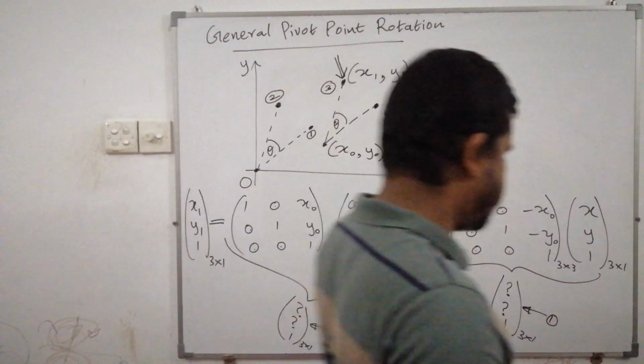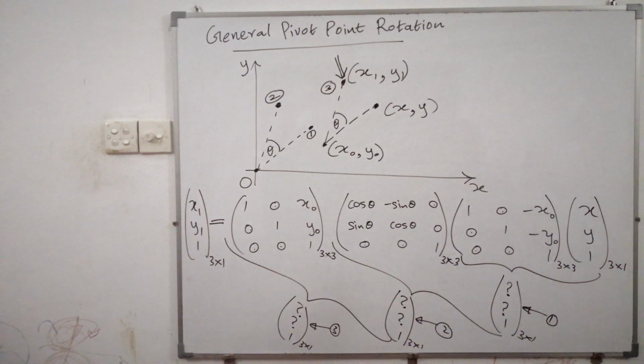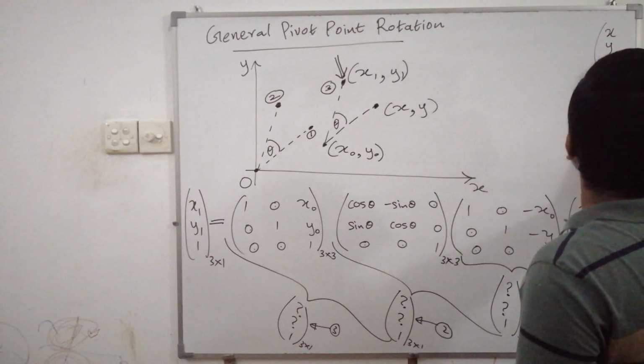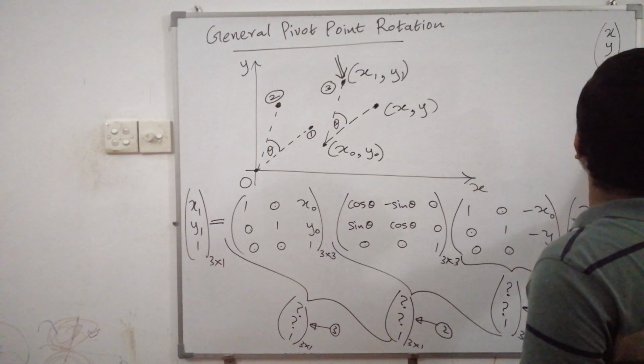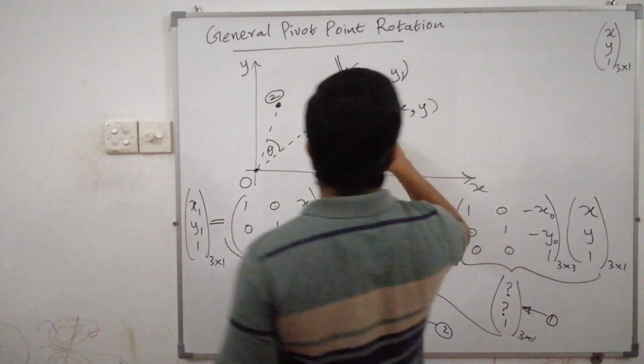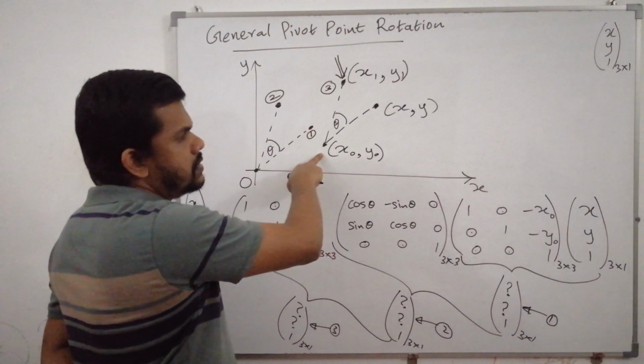So I will summarize what we did. That means we had the point, and we had to rotate the point around this point.